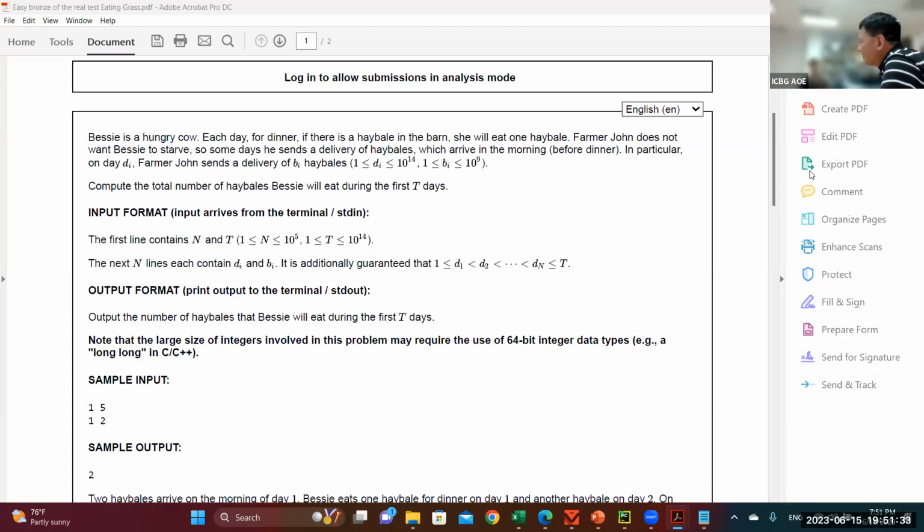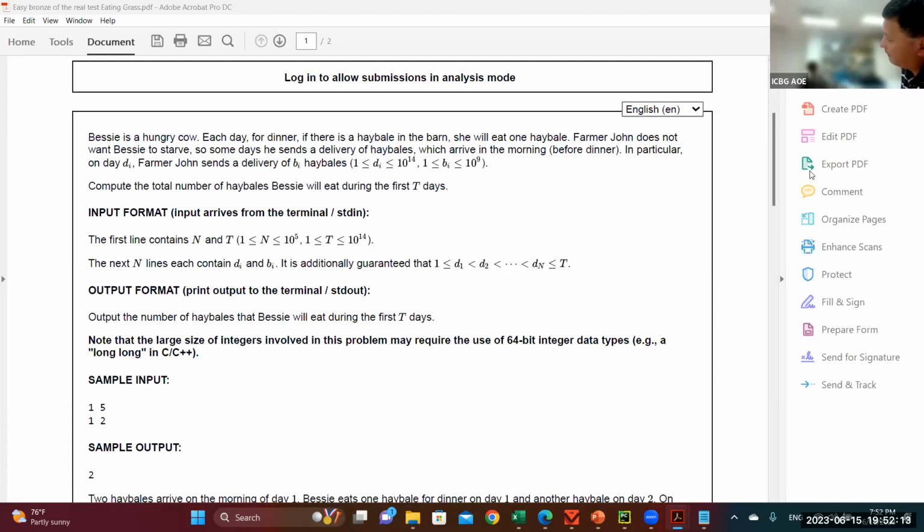That's a number, right? And the second one is, after T days, how many are left? Once you can get that, then you know how many Bessie has eaten, right? Does that make sense? So the trick is how can you get how many are left. That's the part you need to figure out.